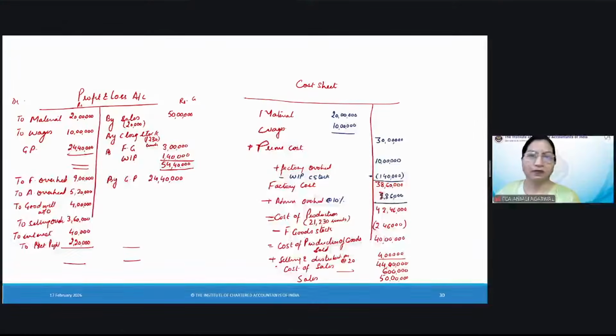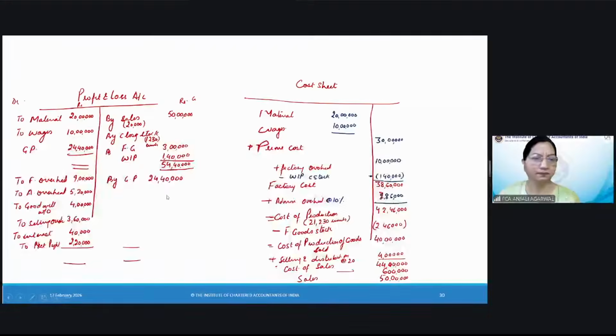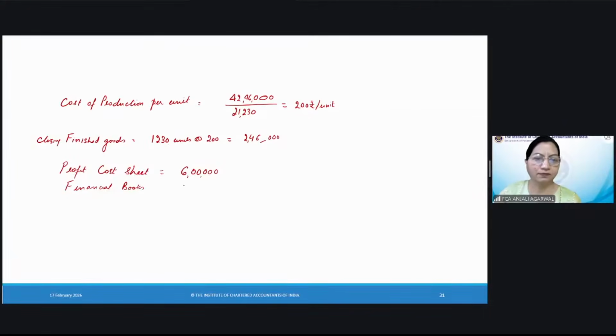Okay. So we have prepared the cost sheet and we have prepared the financial books. Profit as per cost sheet is 6 lakhs, and profit as per financial books is 2,20,000.